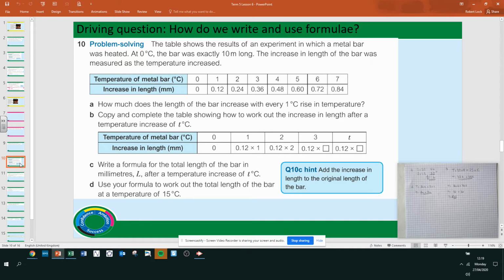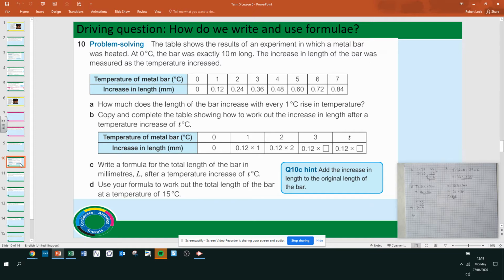The difference between 0.36 and 0.48: if you take one away from the other, 8 take away 6 is 2, 4 take away 3 is 1. So the answer is 0.12. So A, 0.12.